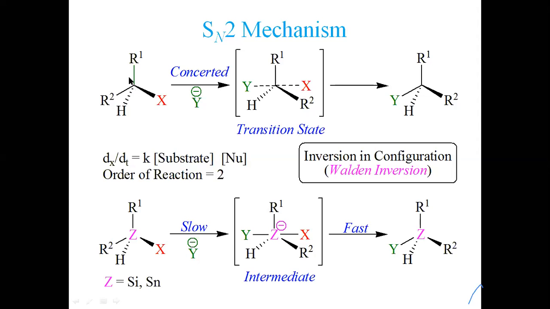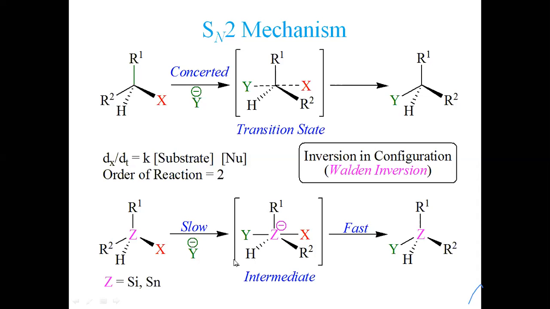Tertiary, if all three are alkyl groups, doesn't proceed via SN2, so 0% via SN2. But if it is a secondary carbon, then it is a mixed behavior. It follows SN2 and SN1 both, depending upon the reaction conditions that we shall discuss after completing this mechanism.